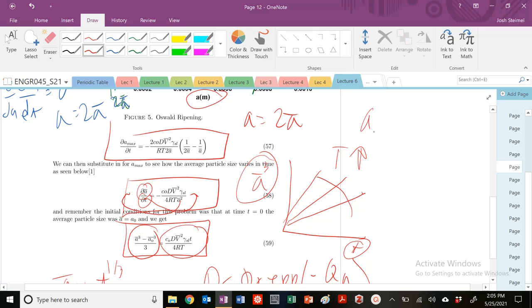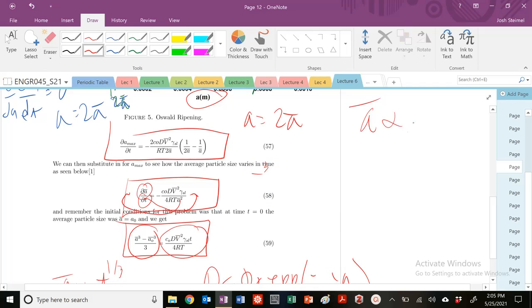So we know that the average particle size scales as t to the 1/3. If I take the log base 10 of this, I know that my slope is going to be 1/3 times log base 10 of t.